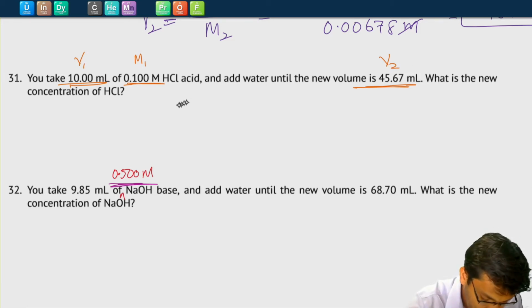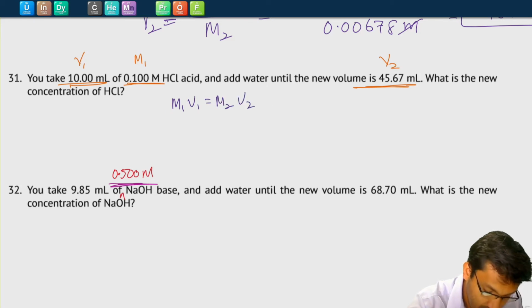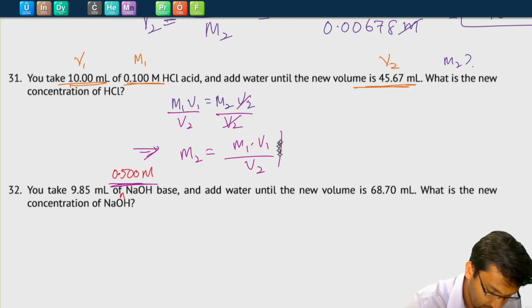So quickly, if we were to write this equation, M1 V1 is equal to M2 V2, and we're asked to find M2, we can rewrite this equation by dividing both sides by V2, which gives us M2 is equal to M1 times V1 divided by V2, which is going to be the equation we use.